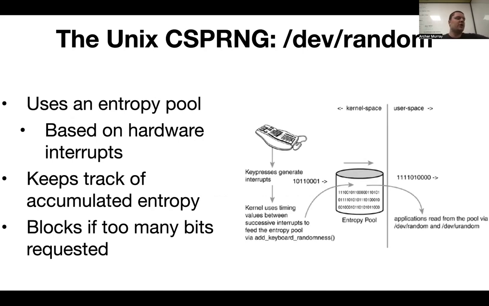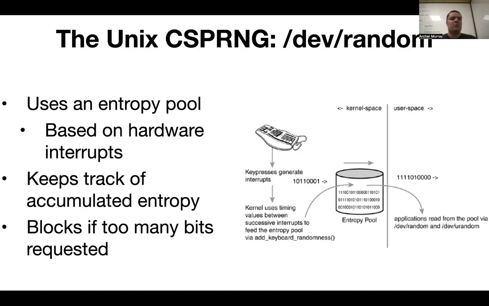One solution comes from the cryptographically secure pseudo-random number generator in Unix called /dev/random. /dev/random is based on an entropy pool. Essentially, the operating system tracks hardware interrupts. It uses the time differences between interrupts in order to generate entropy or randomness, basically, and then insert it into an entropy pool.